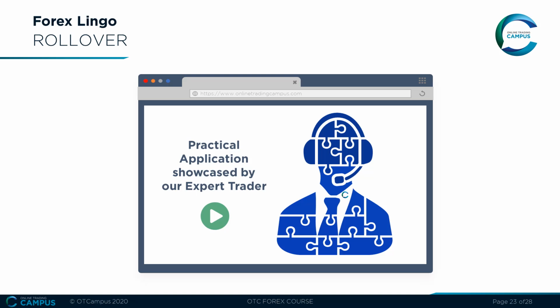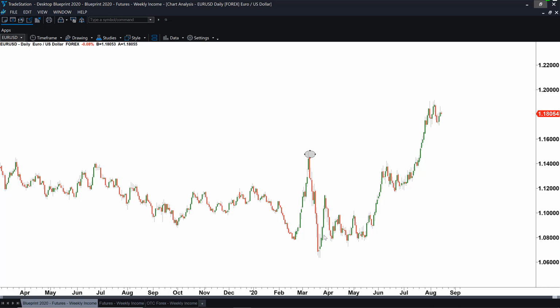Let us do a little bit of a practical application on this, looking at the Euro US dollar daily chart and maybe also on lower time frames, and back testing what we just talked about, Monday rollover 5 p.m. EST. So first of all, I want to see the price points where price has really managed to change direction.